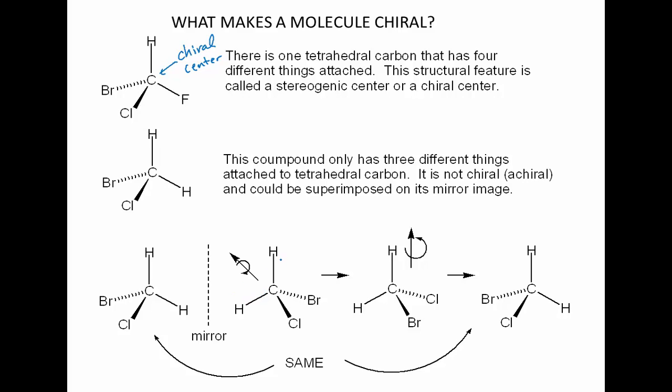I'm just going to flop hydrogen up to here, and this will move chlorine and bromine over. And now I'm going to turn it around like this so that this hydrogen is over on this side. And what you see is that this molecule is perfectly superimposable with what we started with. So the chirality is eliminated when we have two identical substituents on our tetrahedral carbon.